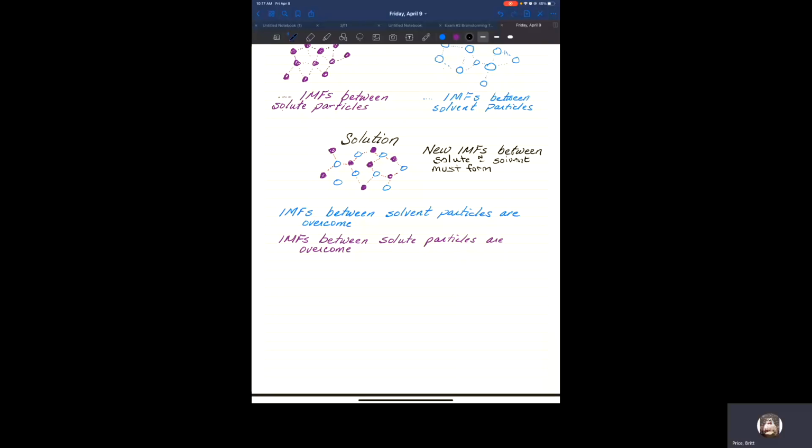Then we have new IMFs between the two different parts of the solution, solute and solvent, must form.